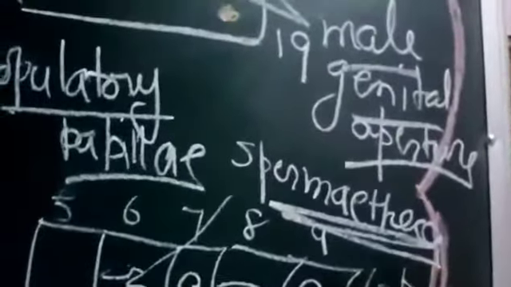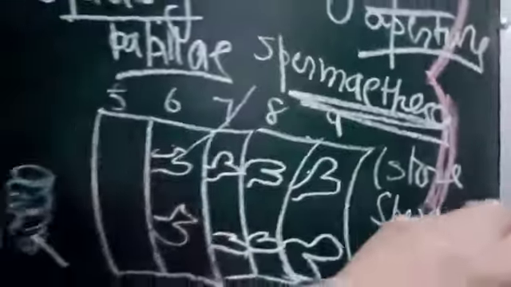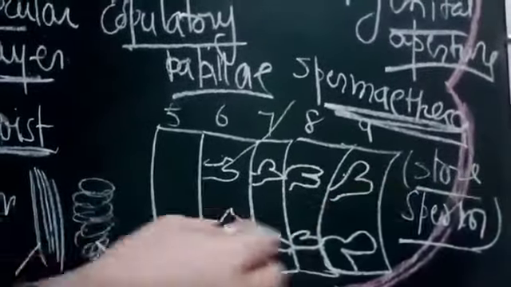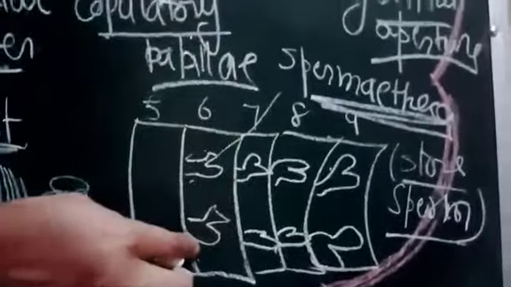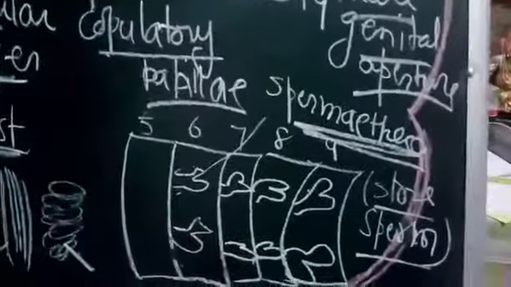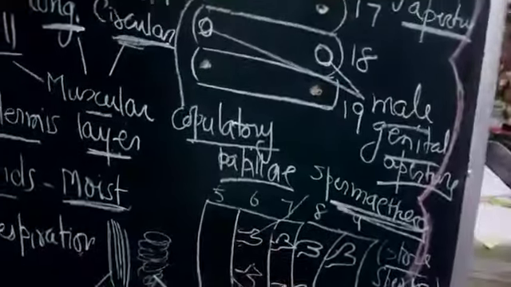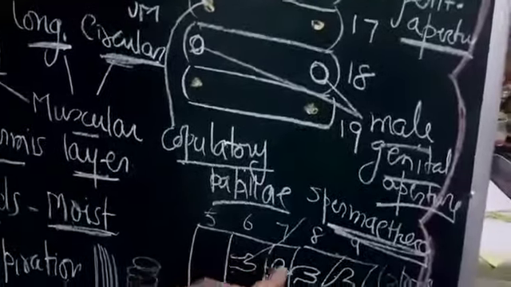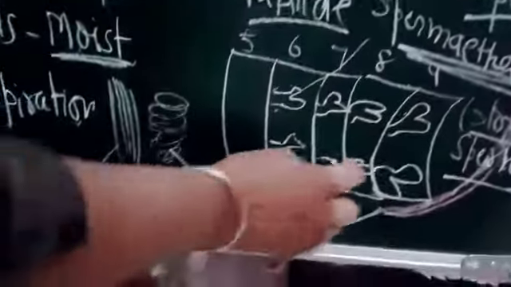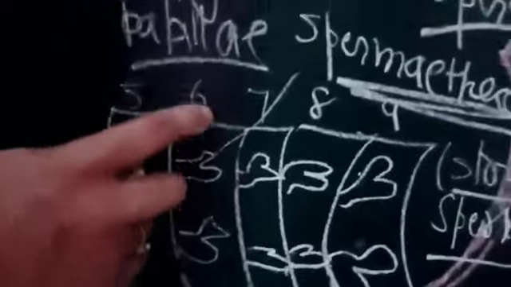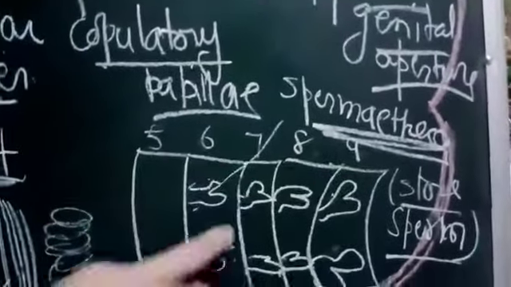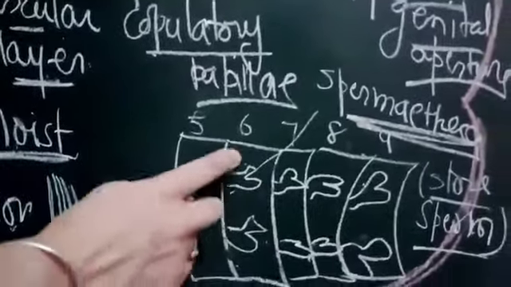These structures store sperm. If the question comes which structure in earthworm stores sperms, that is the spermatheca. Even though they are hermaphrodites, to ensure cross-fertilization, one worm gives its sperm to another worm. When the transfer of sperms occurs, they are stored in these special structures called spermatheca. The location is the 6th, 7th, 8th and 9th segments, one pair each, but they open in the septa.